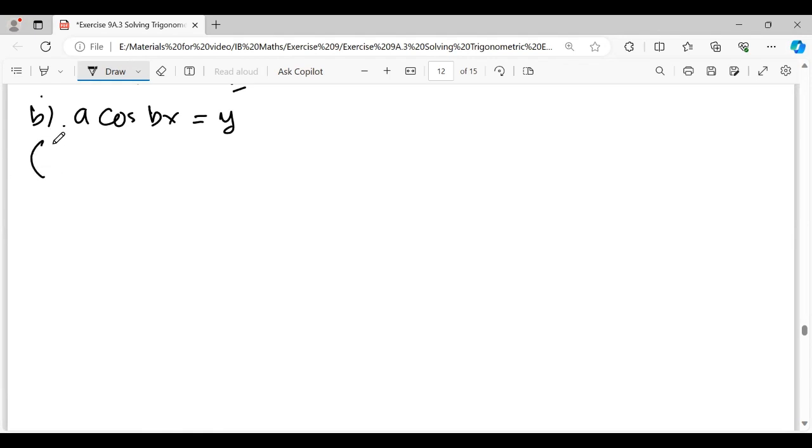If the coordinate point is 4 pi third, 1, this equation becomes a cosine b times 4 pi third equals 1.